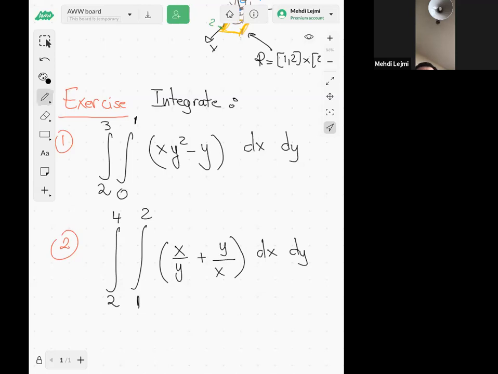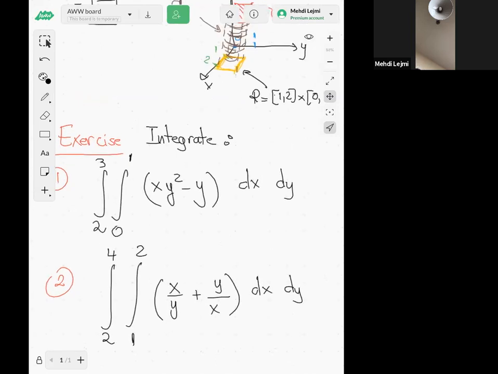And then we can discuss double integrals over general regions, because here we integrate over rectangles. Next, we'll see how to integrate over general regions.